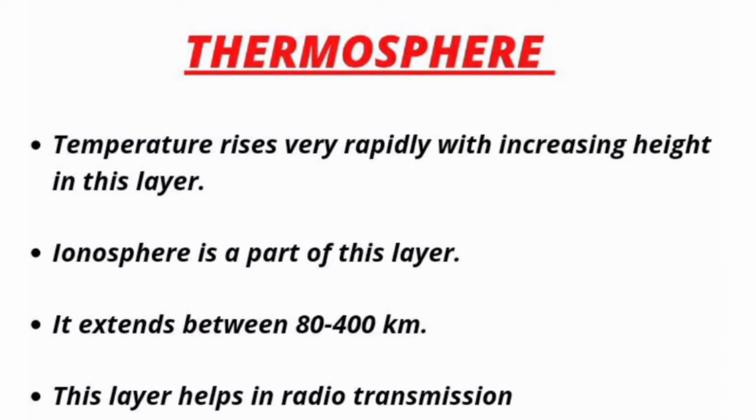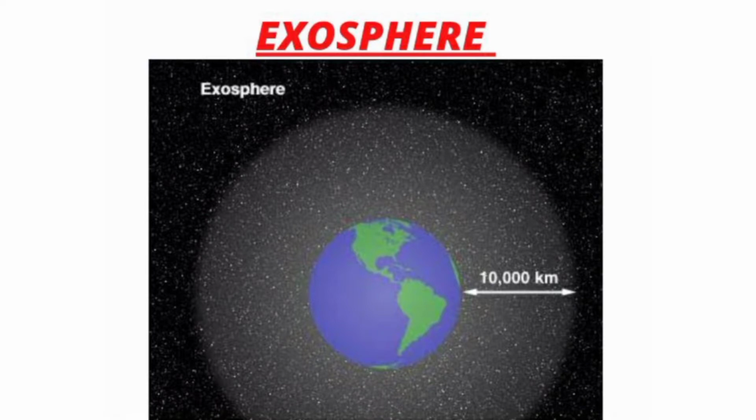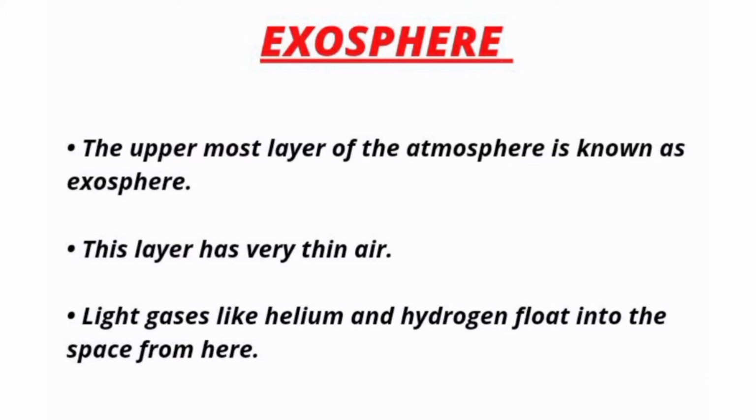Now let's discuss exosphere. The uppermost layer of atmosphere is known as exosphere. This layer has very thin air and light gases like helium and hydrogen float into the space from here.